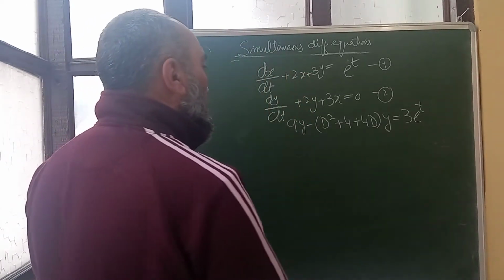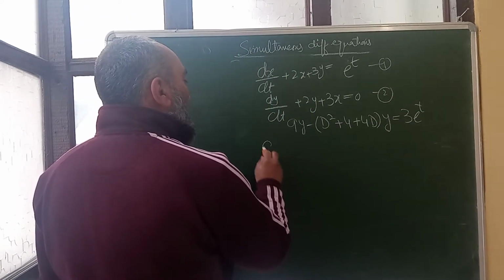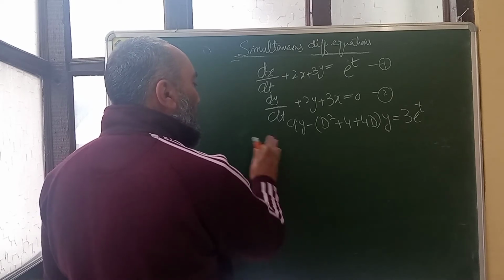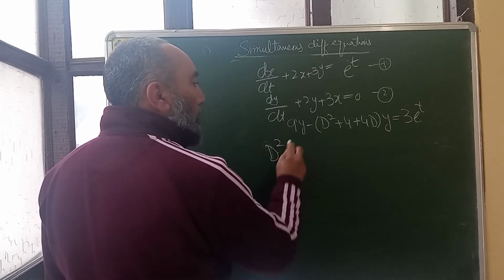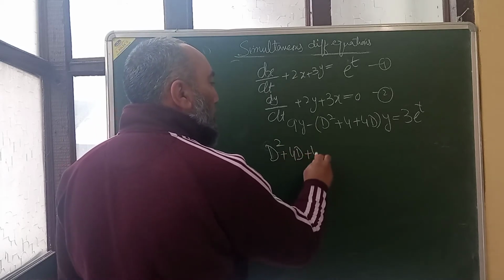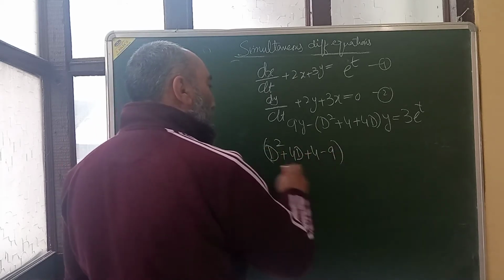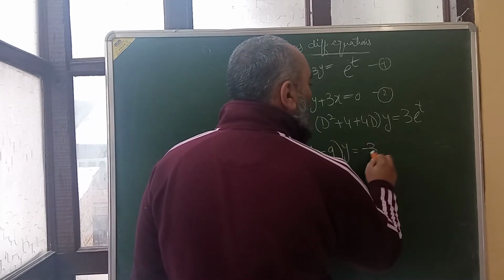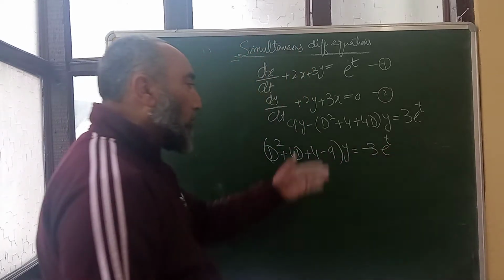Or you have d square plus 4d plus 4 minus 9 operating on y equal to minus 3 e raised to the power t. You have taken minus outside.